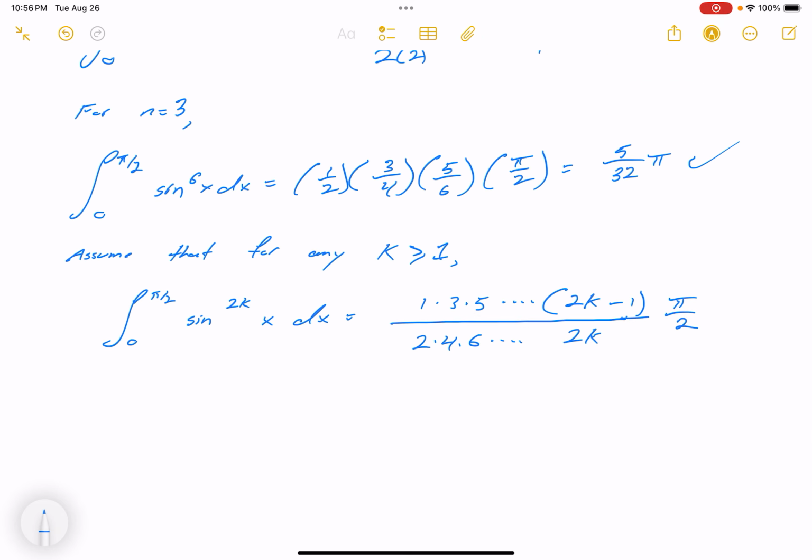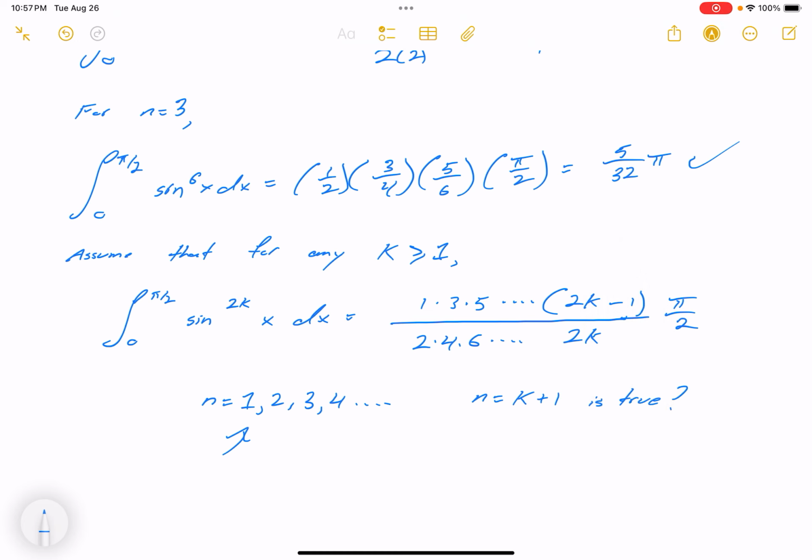If this statement is true, and we have integers n equals 1, 2, 3, 4, and so on, then this has to be true, right? So if this statement is true, let's go ahead and see if n equals k plus 1 is true.